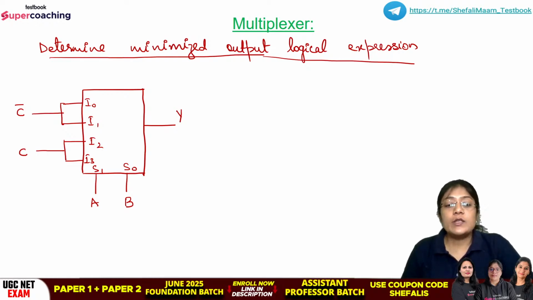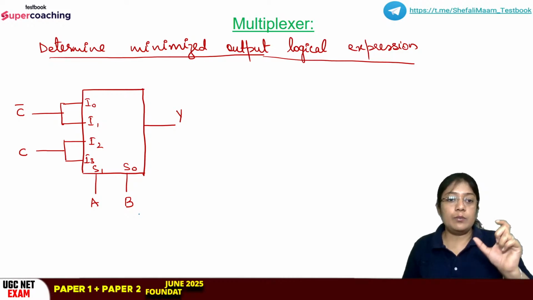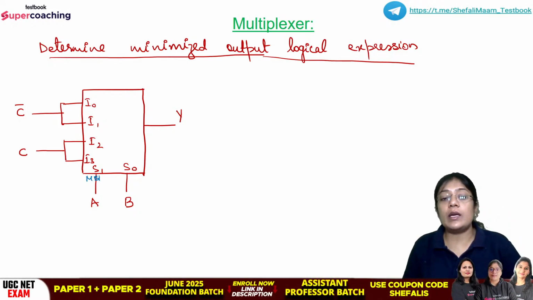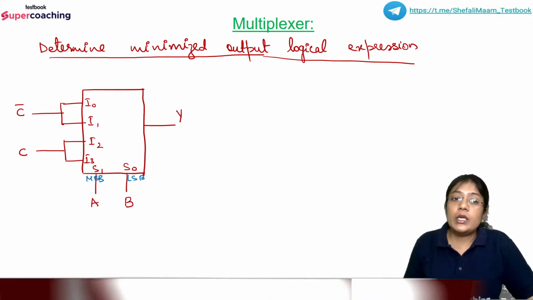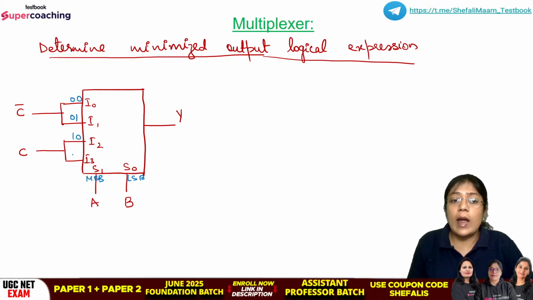So instead of constructing the truth table, मैं directly क्या बोलूँगी, S1 is the most significant bit, and S0 is the least significant bit. 4 combinations are possible: 0, 0; 0, 1; 1, 0; and 1, 1.